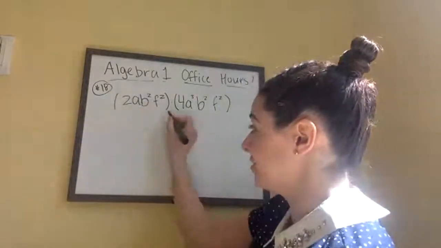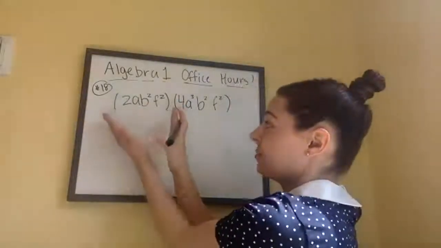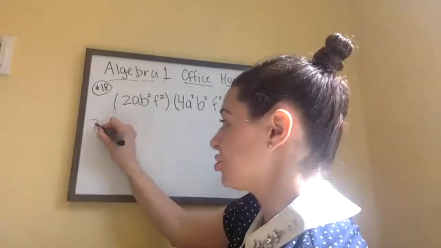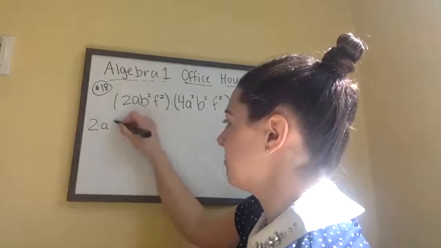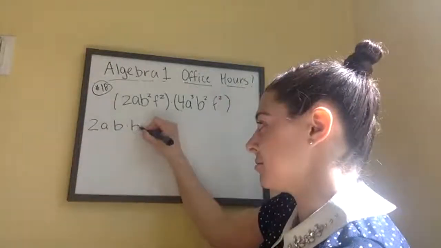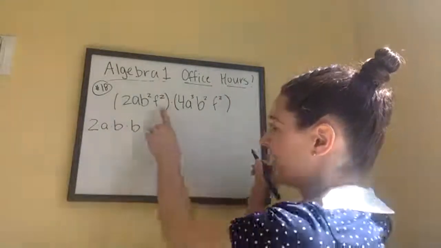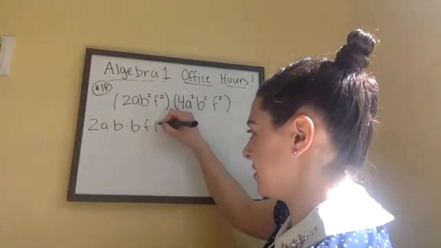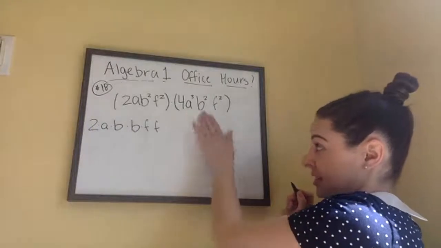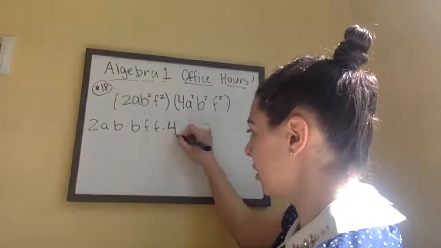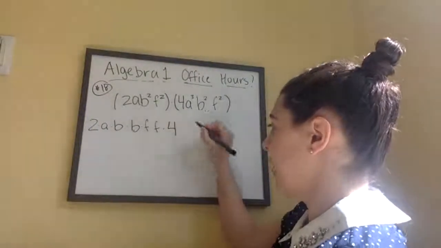So this first term, or this first parentheses group, I'm going to expand it out. 2 times a times b squared, which is the same thing as b times b, times f squared, which is f times f, okay? Then I'm going to multiply it with this expanded. So times 4, and then a to the 3rd.